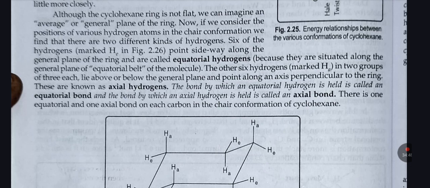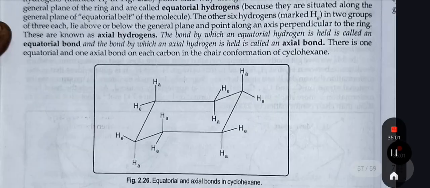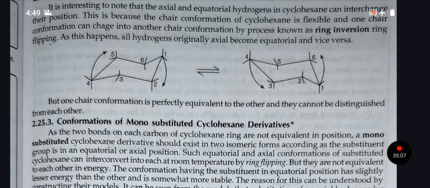There is one equatorial and one axial bond on each carbon in the chair conformation of cyclohexane. This figure shows the equatorial and axial bonds in cyclohexane. It is interesting to note that axial and equatorial hydrogens in cyclohexane interchange their positions.